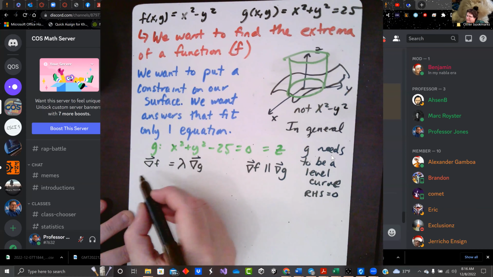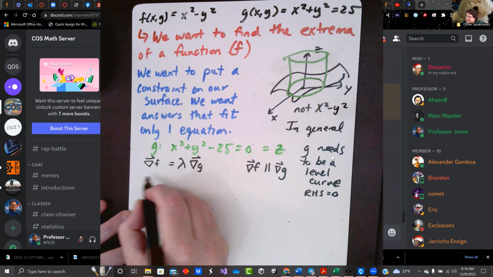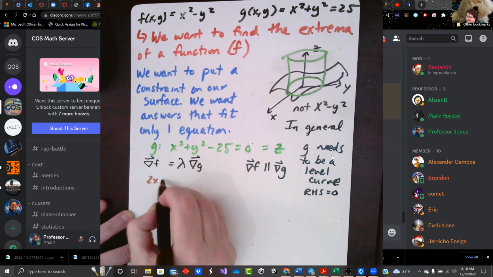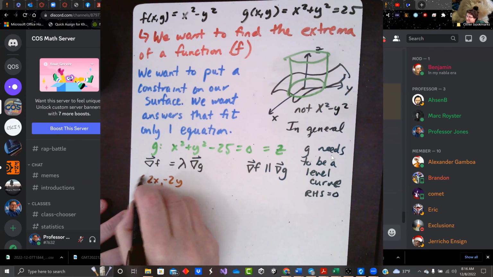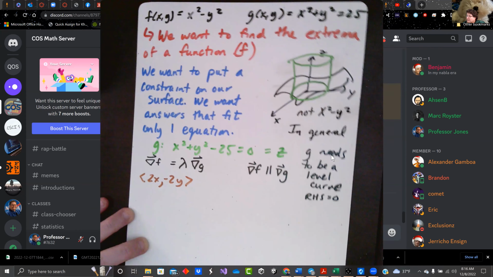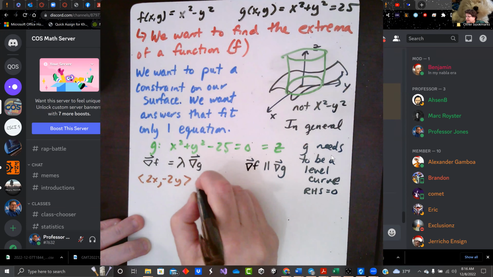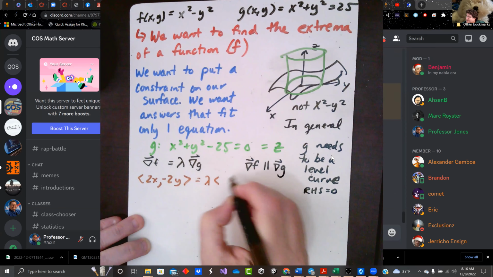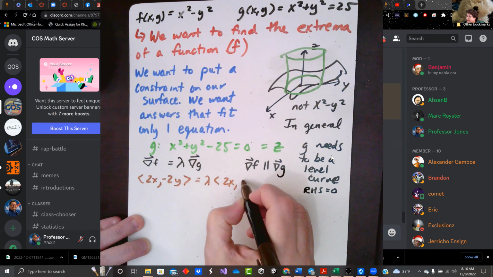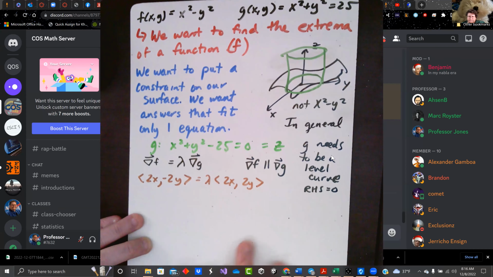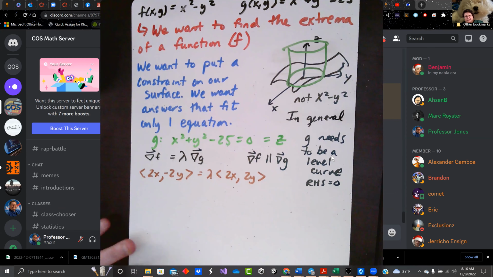So let's take the gradient of f. If we take the gradient of f, we get 2x and negative 2y, and it's a vector now. And if I do the gradient of g, I've got 2x and 2y, and we're going to multiply that by some scalar lambda.